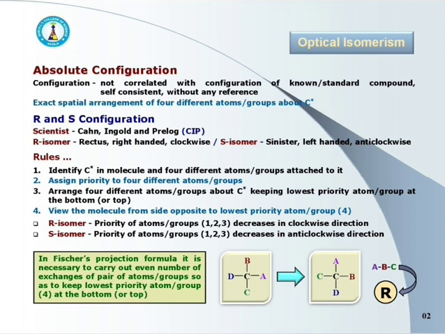In this RS system, the configuration of an enantiomer is decided on the basis of certain rules. Let us study these rules. The first one is to identify the asymmetric carbon atom, that is C star, and the four different atoms or groups attached to that asymmetric carbon atom.